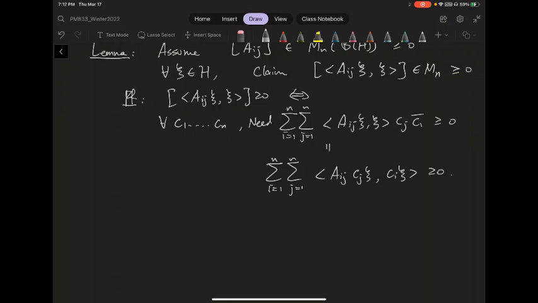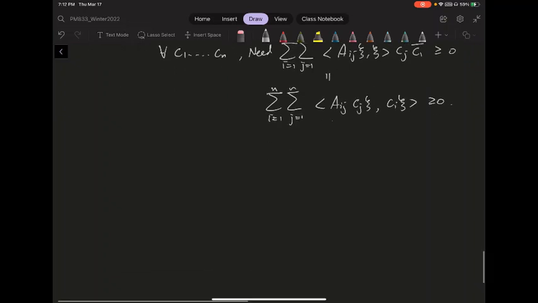Okay, that's positive. What you can do is take the operator matrix and evaluate it on c1 psi up to cn psi. So these are basically n copies of H, n of these vectors.